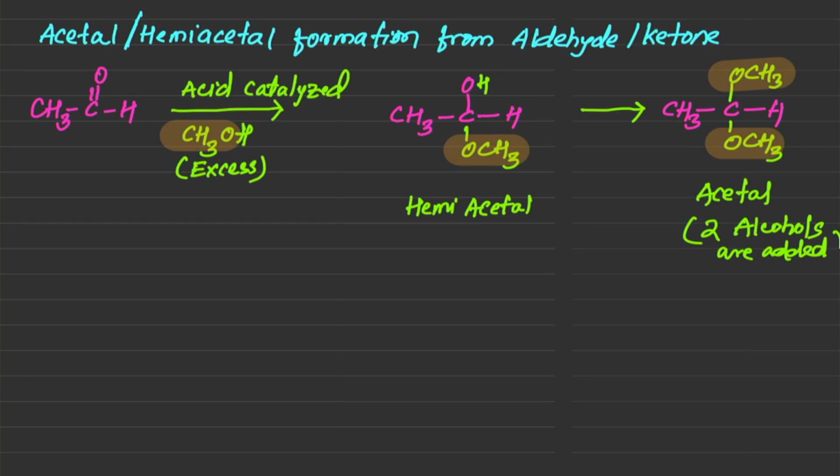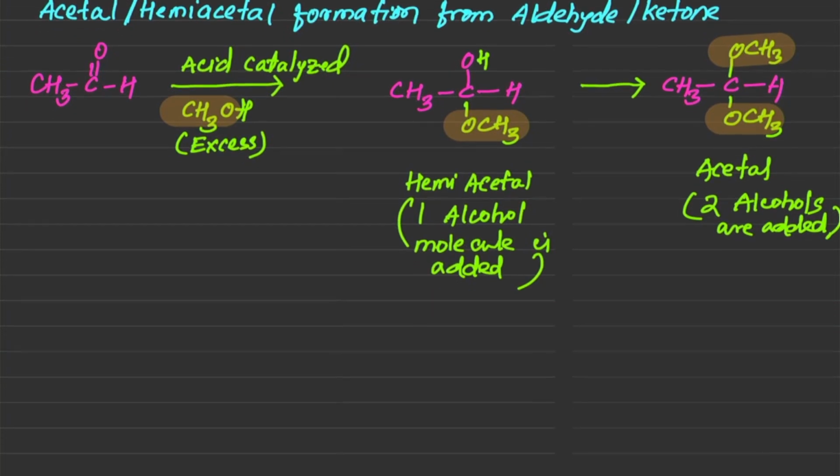The reason we are saying alcohols is because this OCH3 here is coming from the alcohol. In a hemiacetal, one alcohol molecule is added. So basically, you can draw the product very easily to find out the reactions.